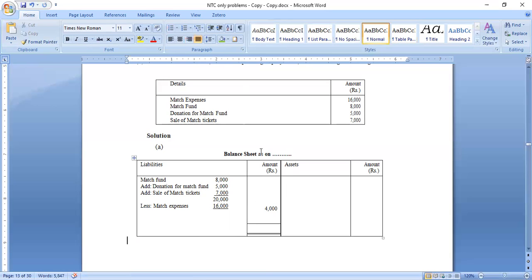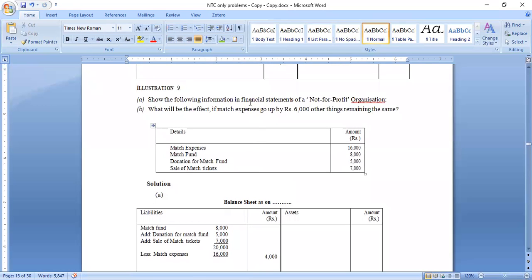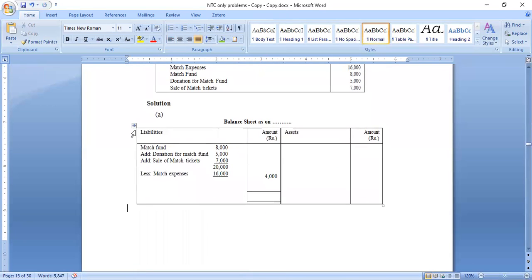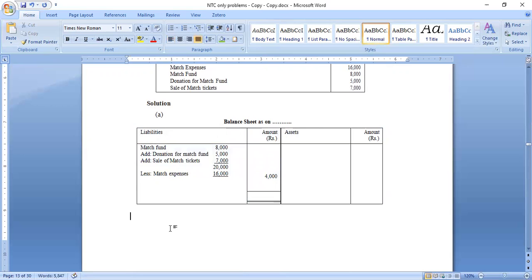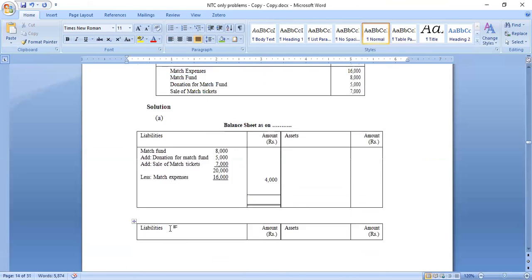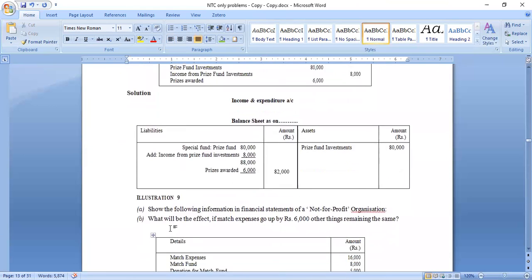So what if match expenses go up by 6,000?